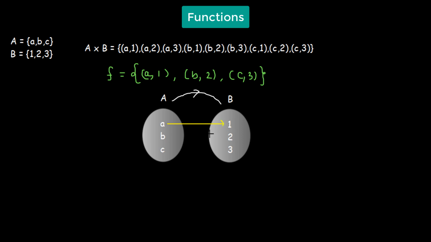Then we consider the second element, b, in set A, and map it to element 2 in set B. And finally we pick up the element c in set A and map it to element 3 in set B. So this is the relation going from A to B, where the elements a, b and c are mapped to some elements in set B.